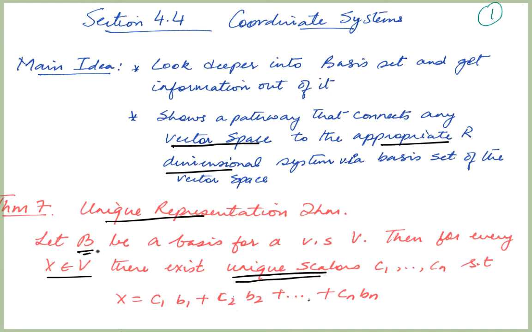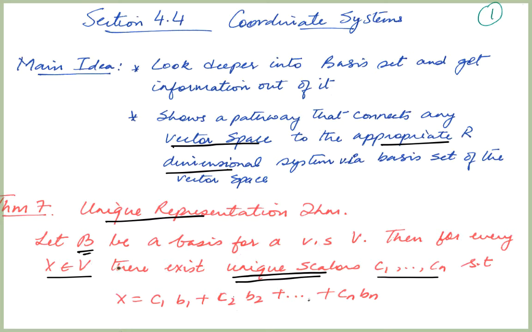Given any basis set of a vector space, and any vector x, because this vector x can be written as a linear combination, for this x we will have a unique set of scalars such that x can be written as a linear combination of the basis elements.